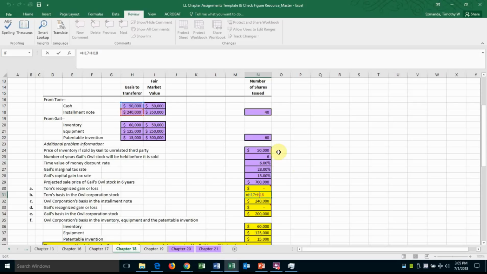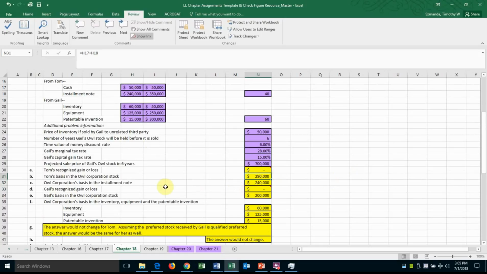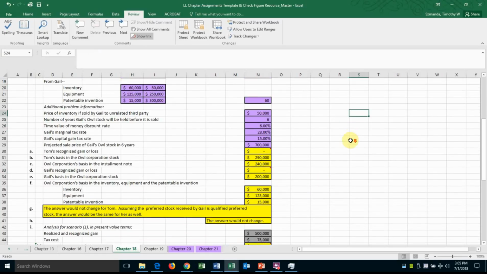So it's not the fair market value that transfers to Tom's basis in the corporation, but rather his initial basis in the assets transferred. So there's no gain or loss recognized. Tom's basis is the same as the basis of the assets contributed, or 290,000, 50,000 plus 240,000.